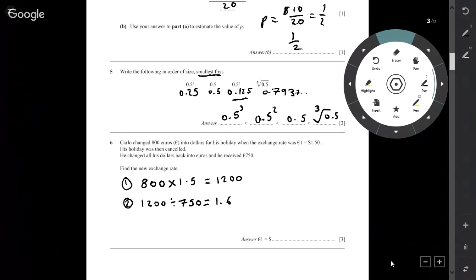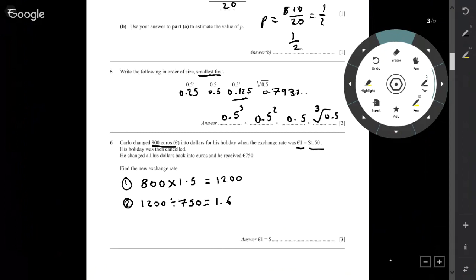Number 6, a bit of a wordy question. So 800 euros into dollars. The exchange rate was €1 to $1.5. So what I did here, first sentence in maths, is 800 times 1.5. This gives us the amount of dollars that Carlo got to begin with.